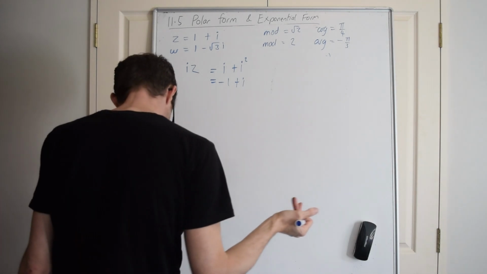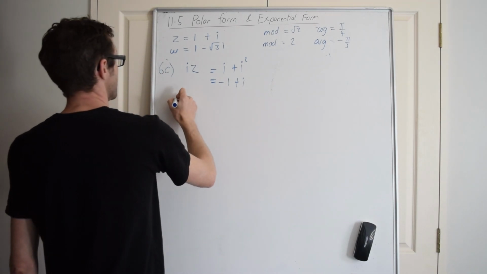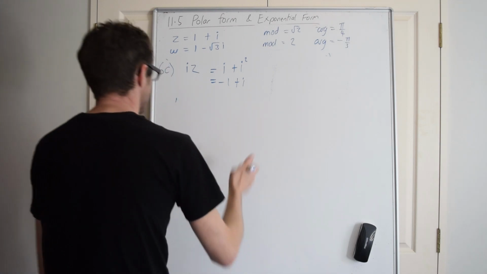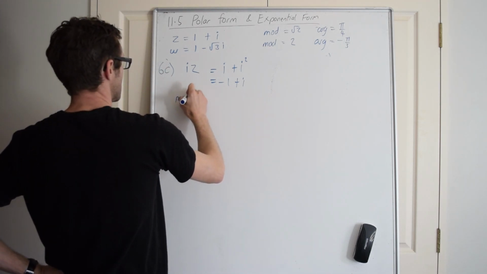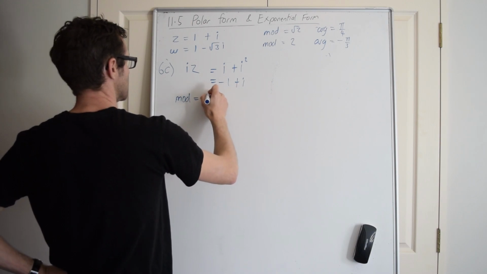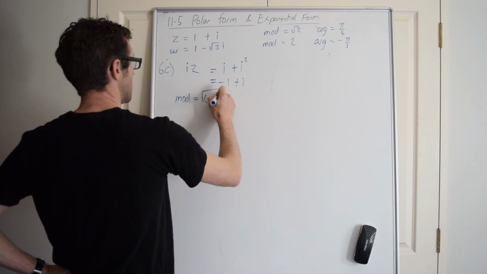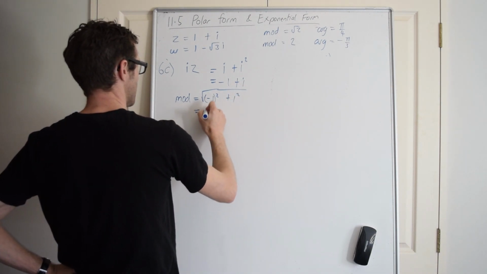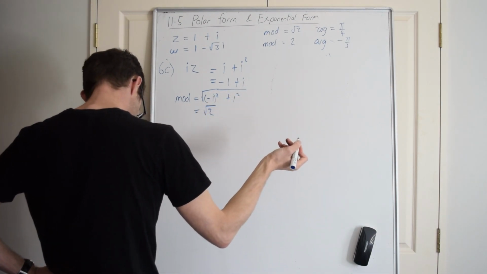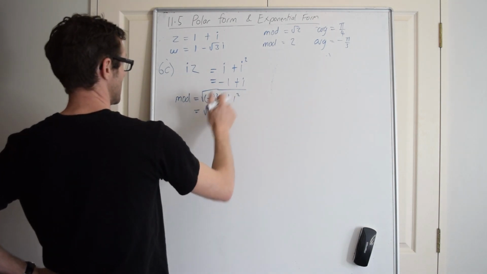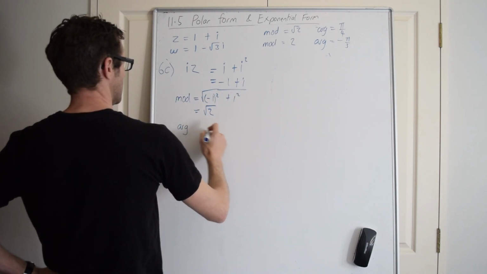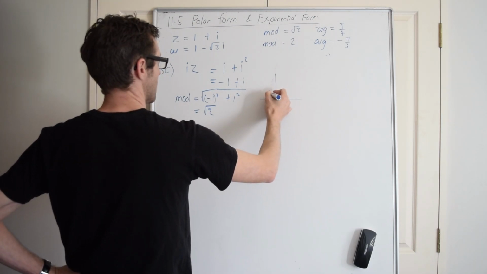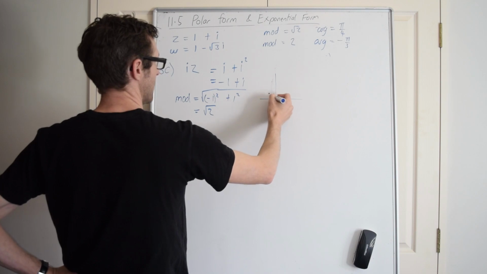Okay, so we've got that, now we've got to find the modulus. Alright, so is that what we're being asked to do? I think that's what we're being asked to do. Yep, modulus and argument. Okay, so modulus is going to be the square root of minus 1 squared plus 1 squared, and so we're going to have square root 2 in this case, and then the argument will be, if you quickly look at a sketch of that, it's minus 1 plus i, so we've got this sort of scenario here.